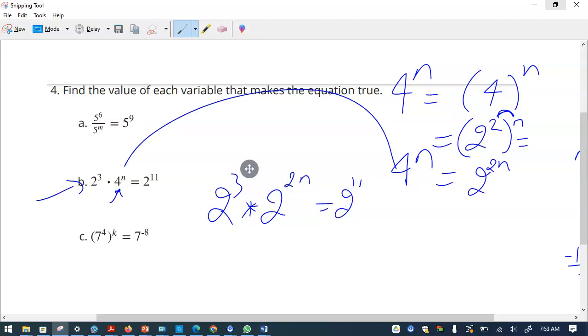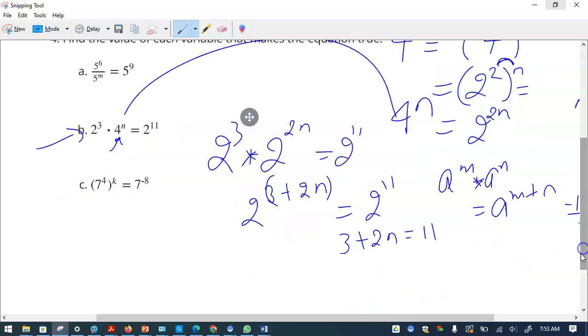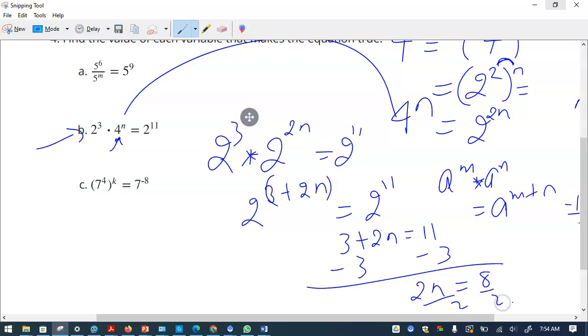And then you use the formula product of power. The left side will be 2 raised to 3 plus 2n, and the right side is this. So now both have the same base, so the exponents have to be equal. And then this time you subtract 3, and so we get 8 and divide by 2, you get 4.